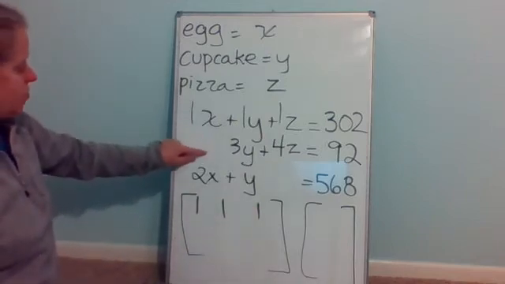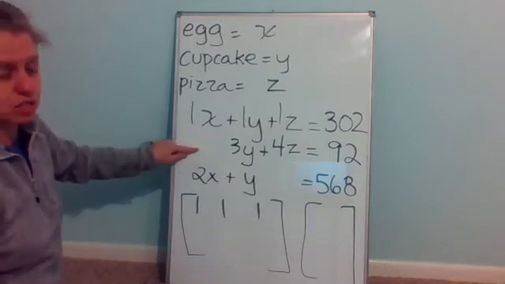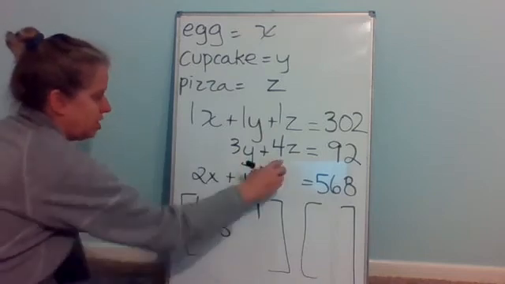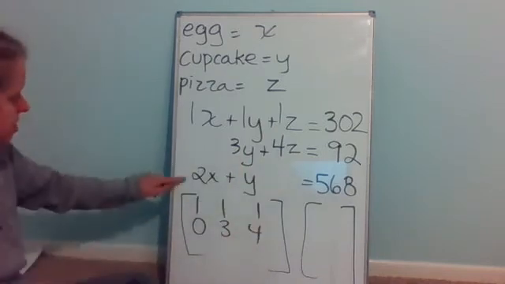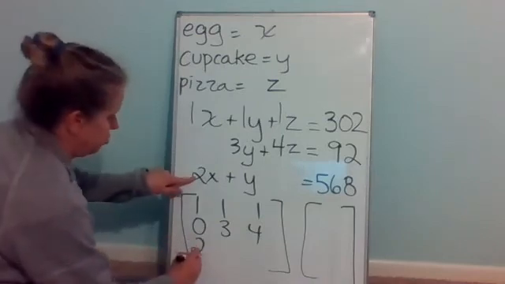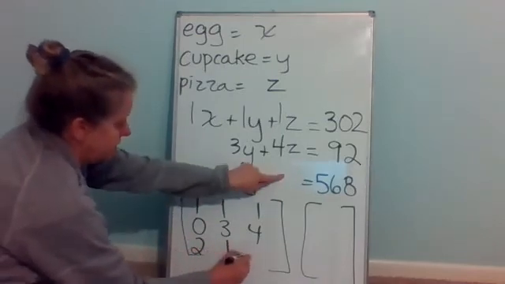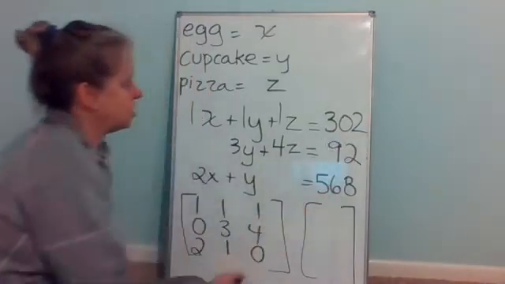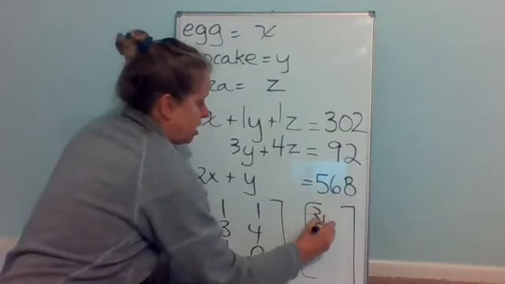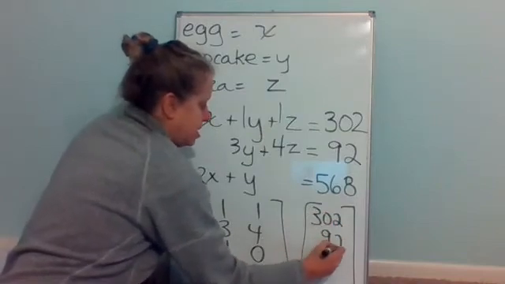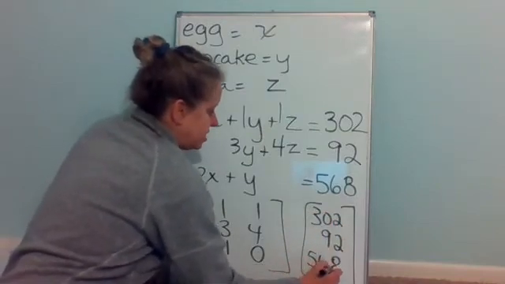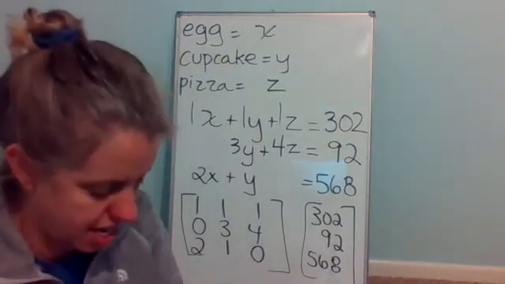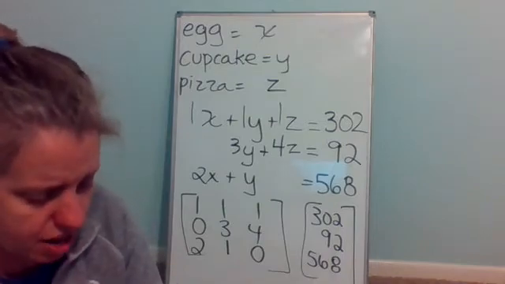On the second row, anytime there's a missing term, that means the X is 0, then 3, then 4. The third row will be 2, 1, and then 0 for the Z. And matrix B will be 302, 92, and 568. So let's go make our new matrices in our calculator.